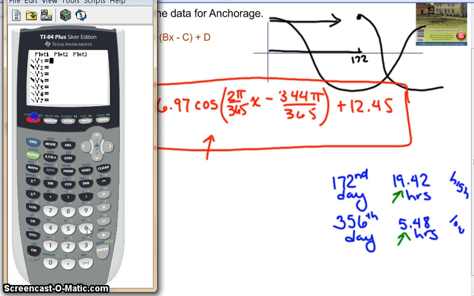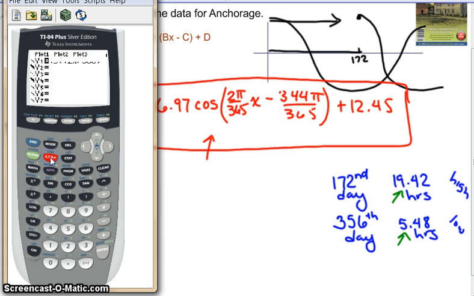So I'll type in 6.97 cosine. I'm going to put extra parentheses around my formula. 2 pi divided by 365. There's my fraction.